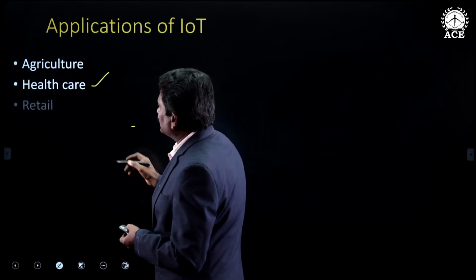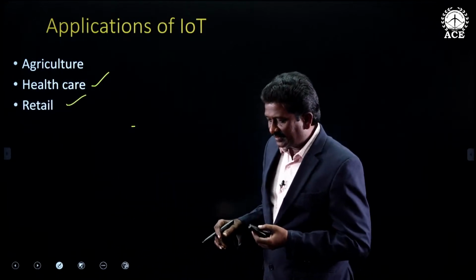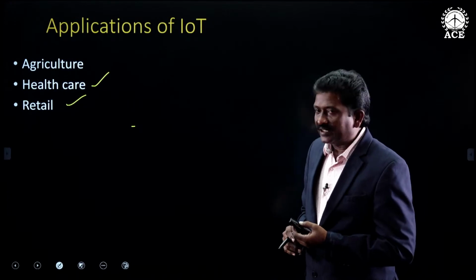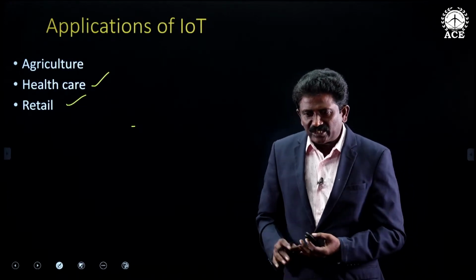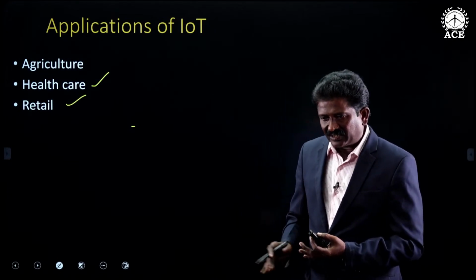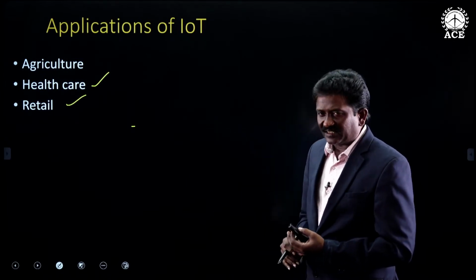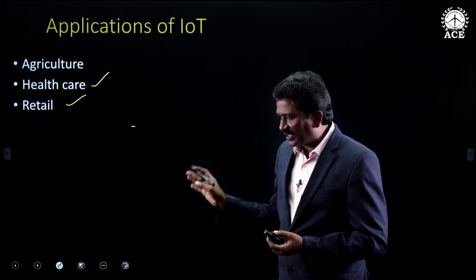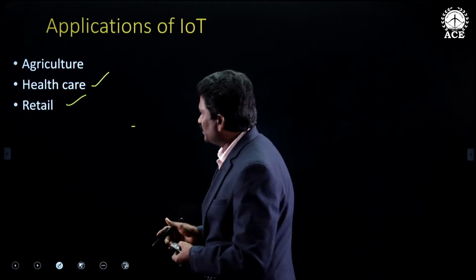Next one, retail, for example supermarkets. With the help of IoT devices, we are able to identify the position and cost of a commodity. We can take information of the retail also.